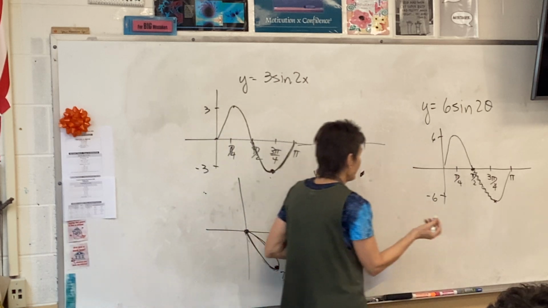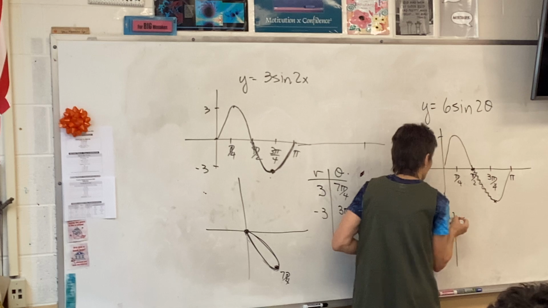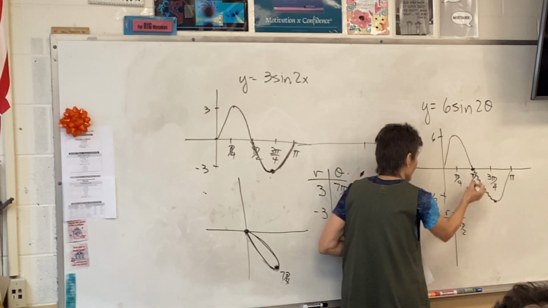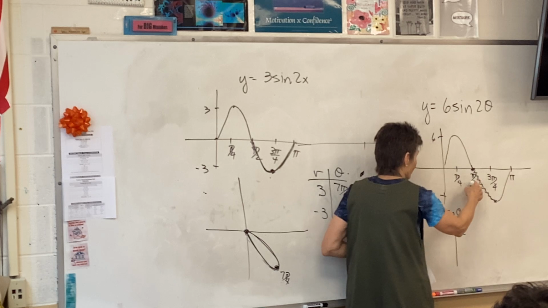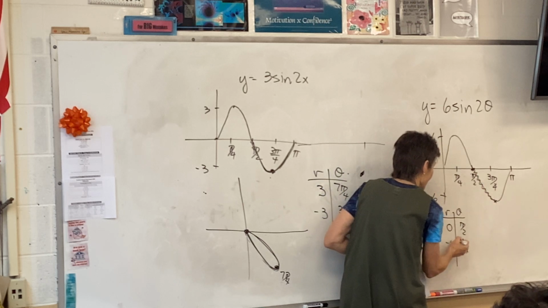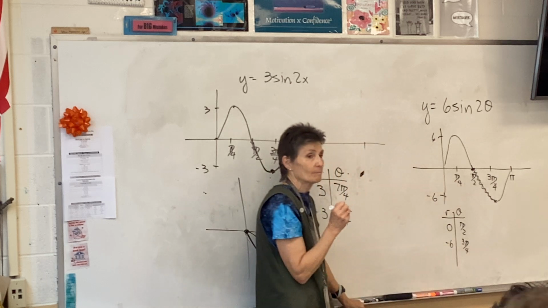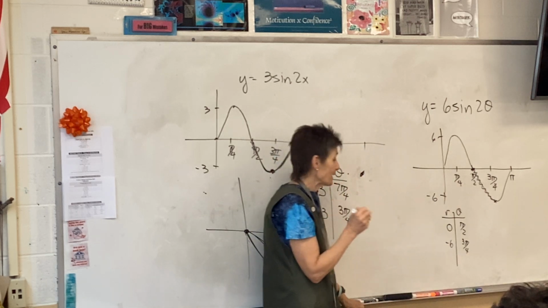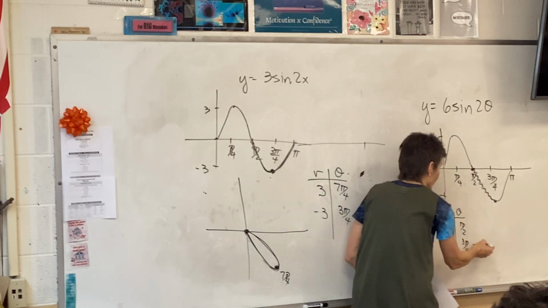All right, so I gotta figure out which half, or what point is. So let me look at this with actual points. So pi over 2 is 0. And 3 pi over 4 would be -6. Right? Well, I can't even plot that, so I'm gonna rewrite that.